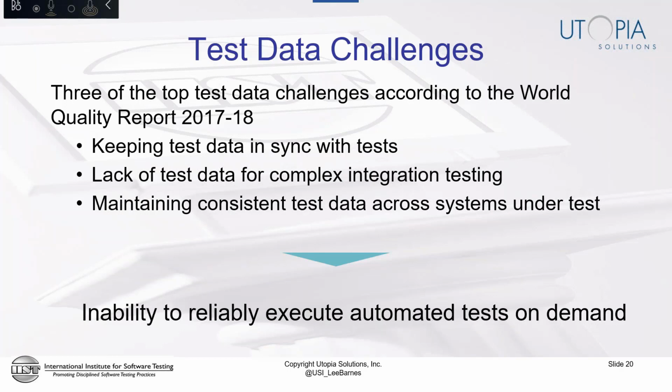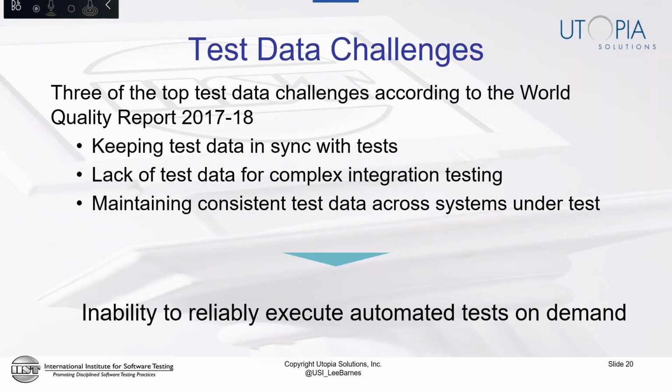And these are tests that are typically further down the pipeline, maybe some end-to-end flows or some regression test flows. And finally, I think very similar to the second is maintaining consistent data across systems under test. And to me, this speaks more to data in external services or other systems that make up some type of end-to-end business flow.